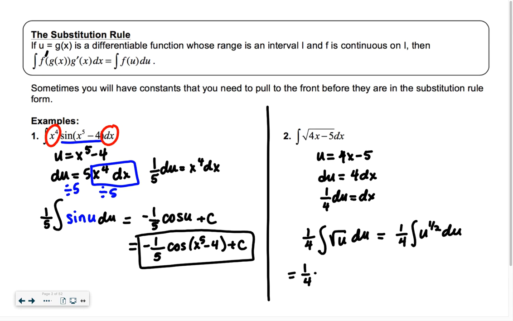When I integrate, I get u to the 3/2 with the 2/3 out front, plus c. So I get 2/12, which is 1/6, u, which is 4x minus 5 to the 3/2, plus c.